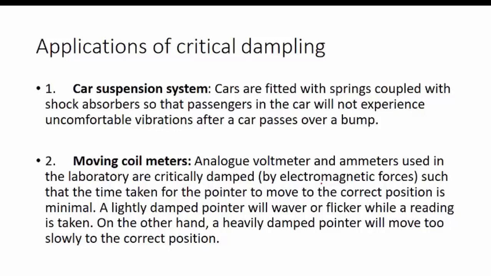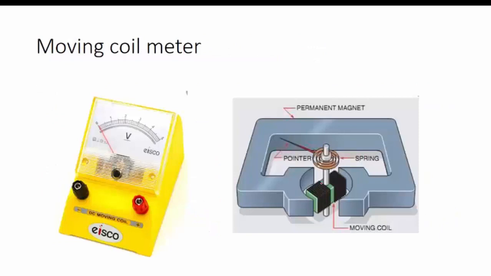This is important. So you must design the moving coil meter in such a way that it is critically damped. If not, it will continue to oscillate, and you find it very difficult to take the final reading. It will keep on swinging, and so on. So it must be critically damped so that it doesn't oscillate at the final reading.